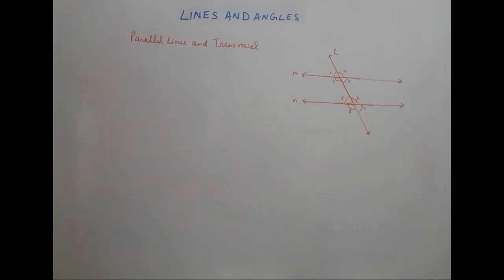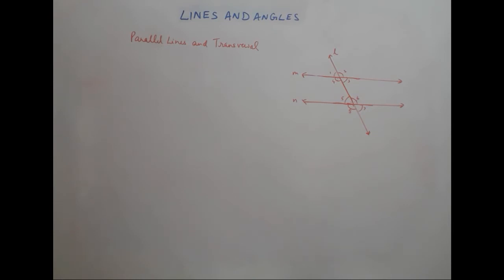Now we learn about different axioms which establish relationships between interior angles, alternate interior angles, corresponding angles. Let us begin with the first axiom, and everything depends on the fact that a transversal cuts two parallel lines.